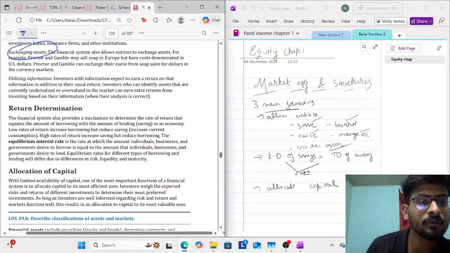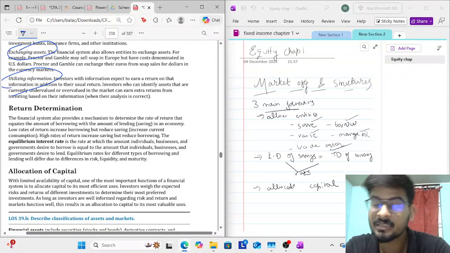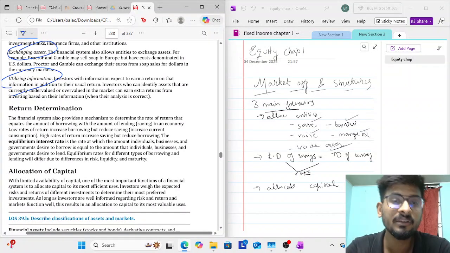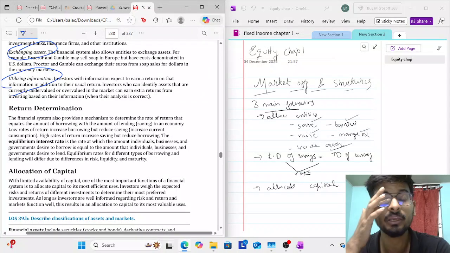So, utilizing information also. Why did utilizing information come? We told that the best financial system should have low cost. You should utilize information and all now. So investors with information expect to earn a return on that information in addition to their usual return.